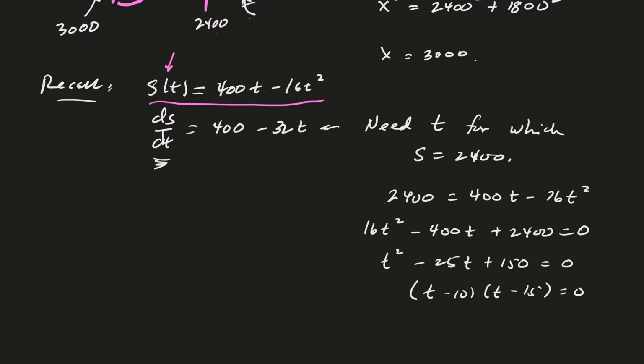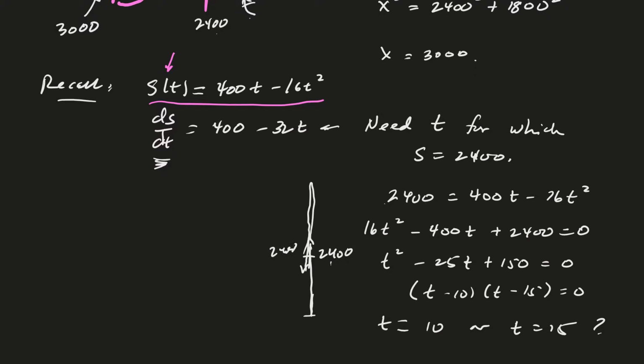So now I have to choose. Do I use t equals 10 or t equals 15? Well, why would there be two times for which s is equal to 2400? Remember, this is a rocket going up. So the rocket's going to pass 2400 on its way up, and then it's going to be passing 2400 on the way down.